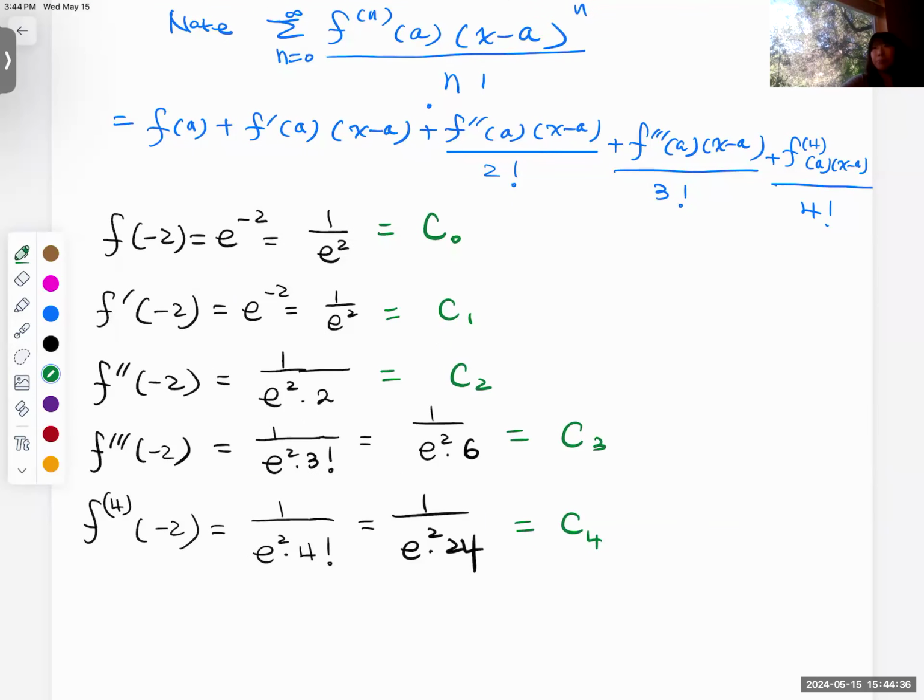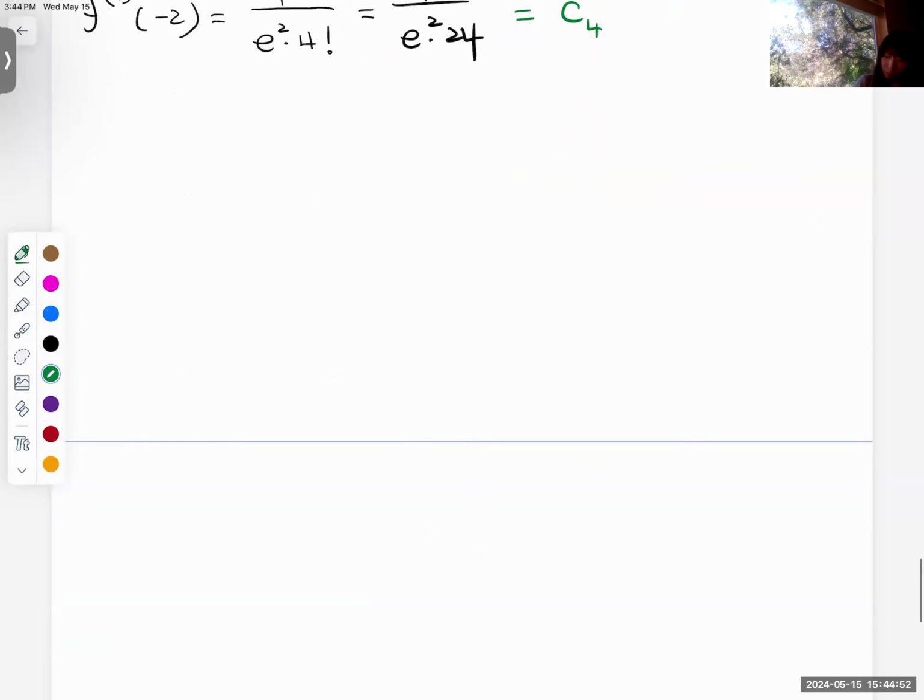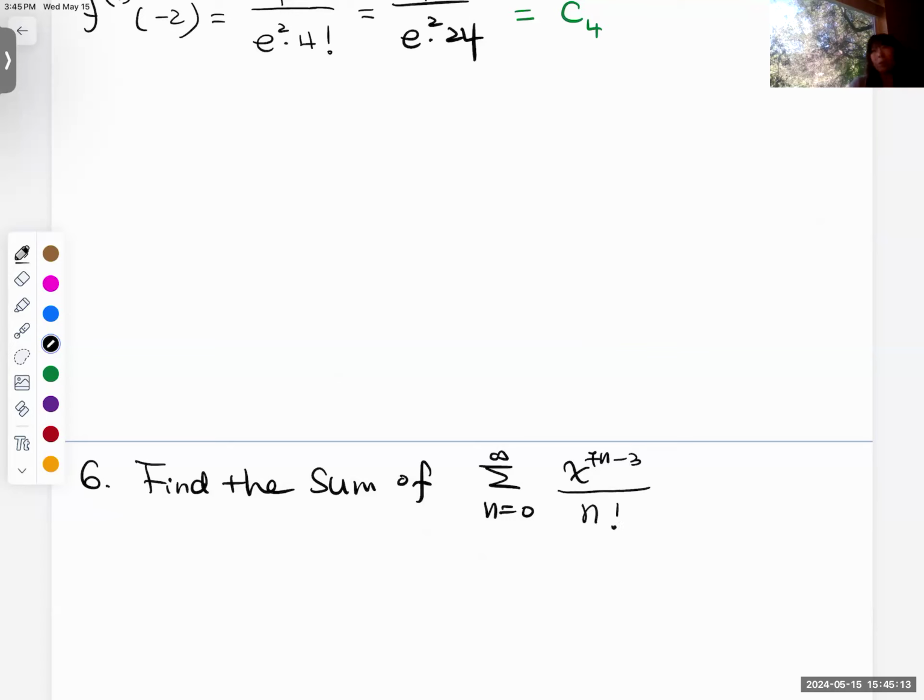Okay, number 6. Find the sum of the series n equal to 0 to positive infinity of x to the 7n minus 3 over n factorial.